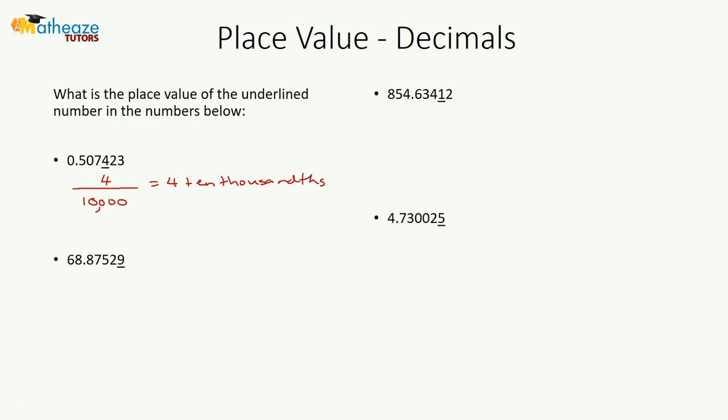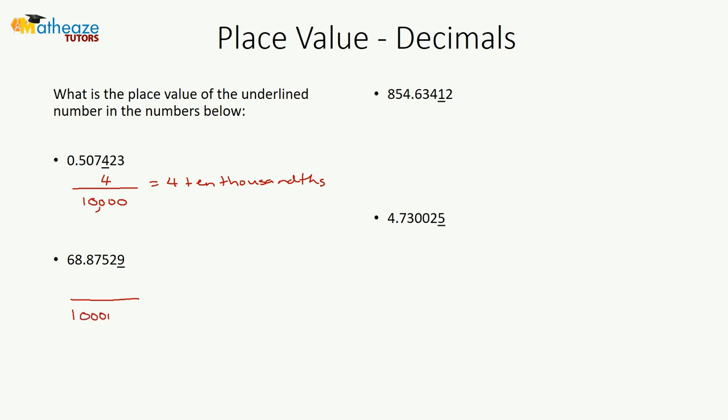Okay, same goes here. We have a decimal point, and the place value for the digit we're interested in is after the decimal point. So we put a line right here. We'll draw 1. Let's count how many spots after the decimal point. 1, 2, 3, 4, 5.